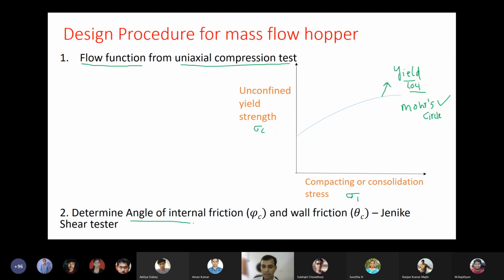Then we need to determine the angle of internal friction, phi c, and the wall friction, theta c. I showed you in today's class how to get these from the shear tester. So these three we get from the experiments.